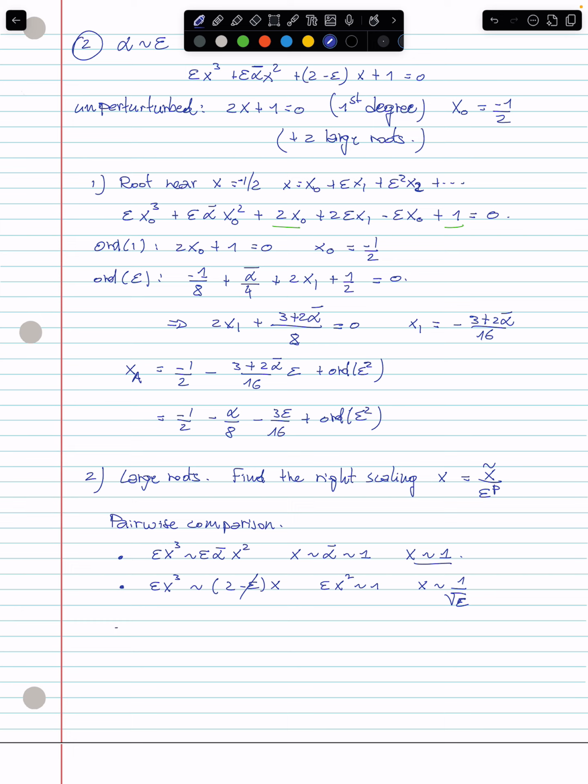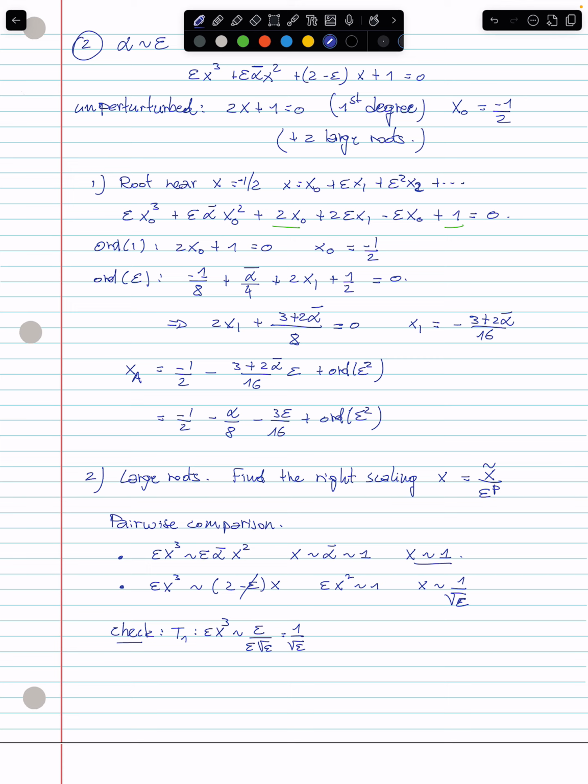Let's see now; we need to check whether we were right or not. The first term, epsilon x to the third, will be of order epsilon times x to the third, so we have in the denominator epsilon square root of epsilon, which is 1 over square root of epsilon.